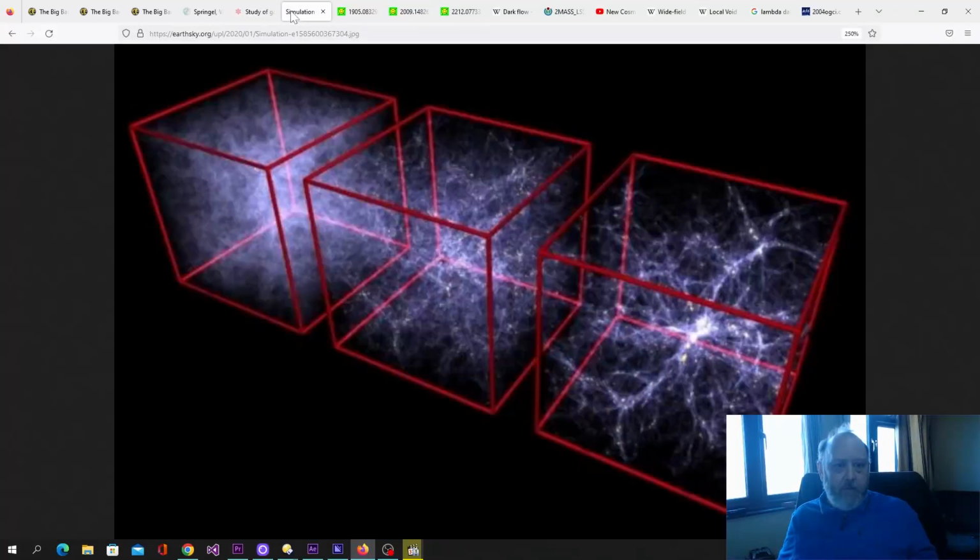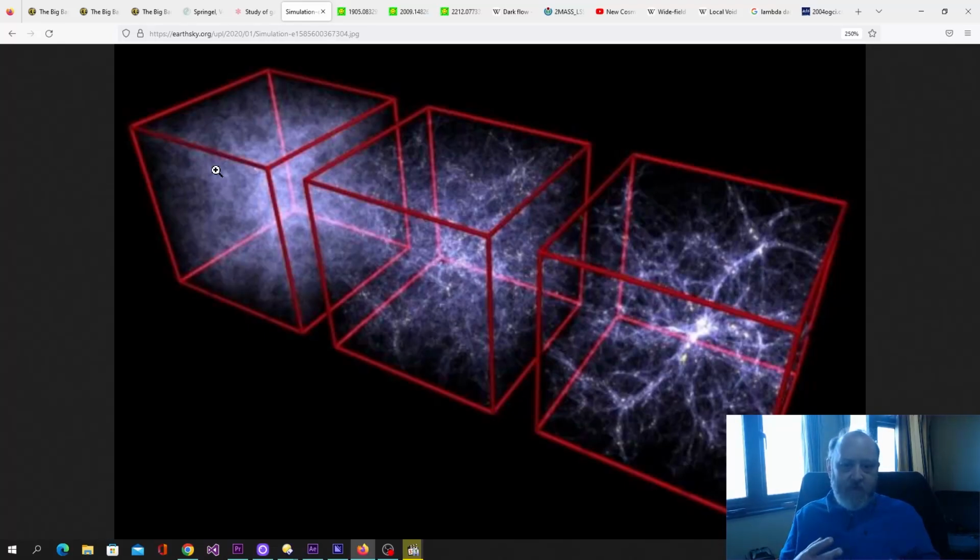Sorry, not to be so insulting, but we start with a homogeneous isotropic, or mostly, where galaxies are formed, and the distribution of galaxies is more or less homogeneous and isotropic.